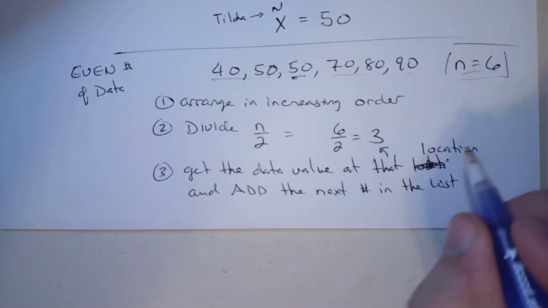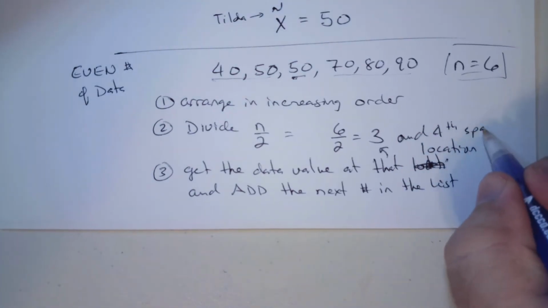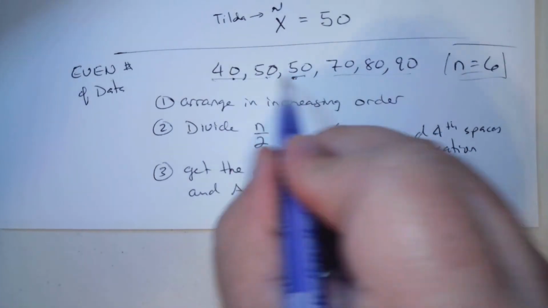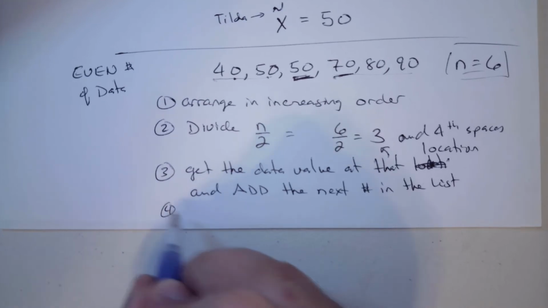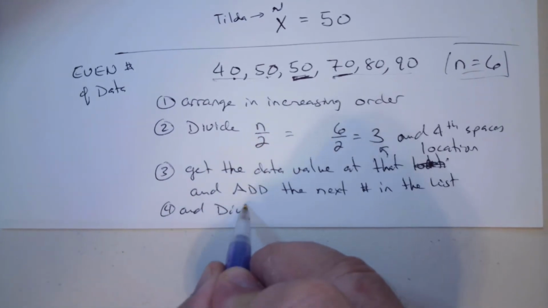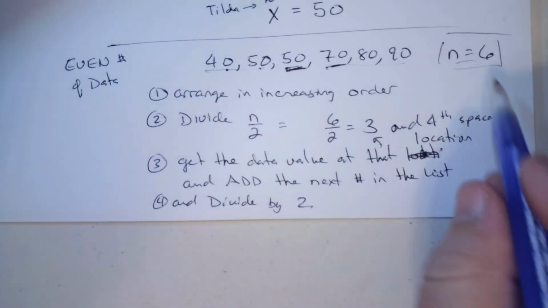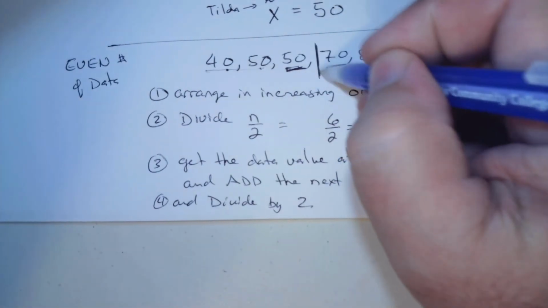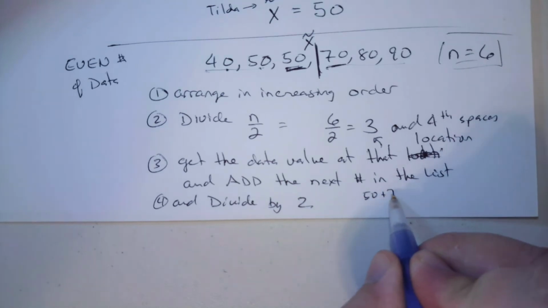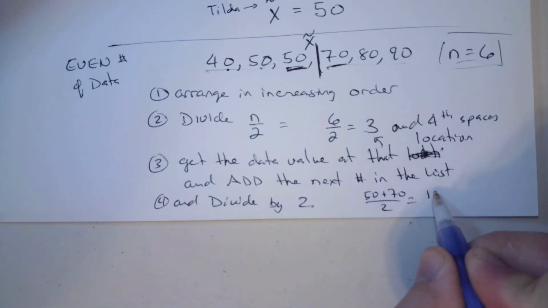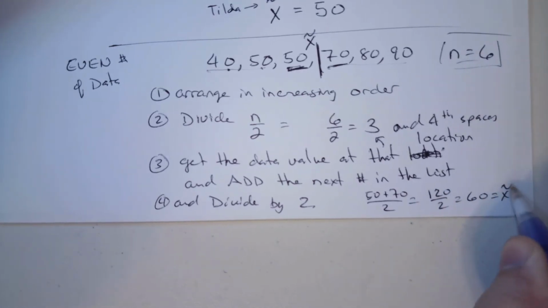So we're going to the third and fourth spaces. So we'll get 1, 2, 3. We get 50 and 70. Add them together and divide by 2. So we'll find the average. If you have an even number, then we'll find the average. So we have 50 plus 70 over 2 is 120 over 2 is 60. So that is our median.